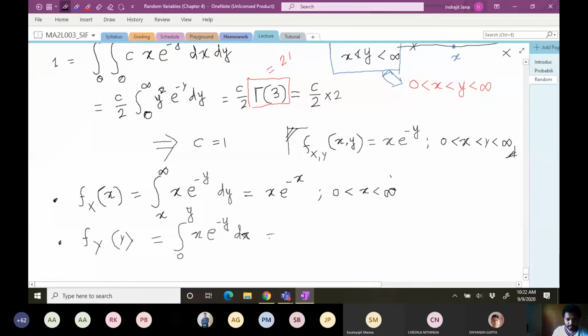So this is going to be y squared over 2 times e to the power negative y, and y is from 0 to infinity.